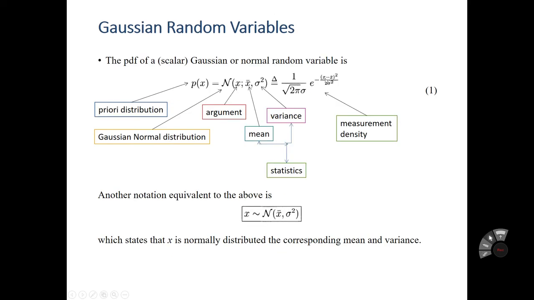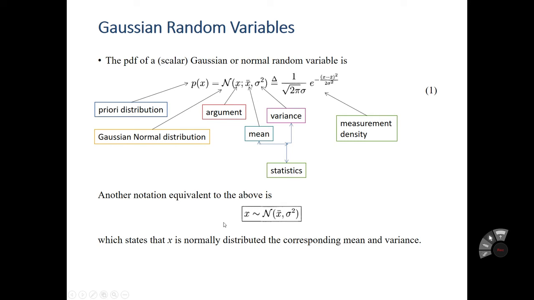Then we calculate the difference between the original value of the random variable and the mean value that we have calculated using some algorithm like the Kalman filter, and this is divided by variance and has an exponential function.